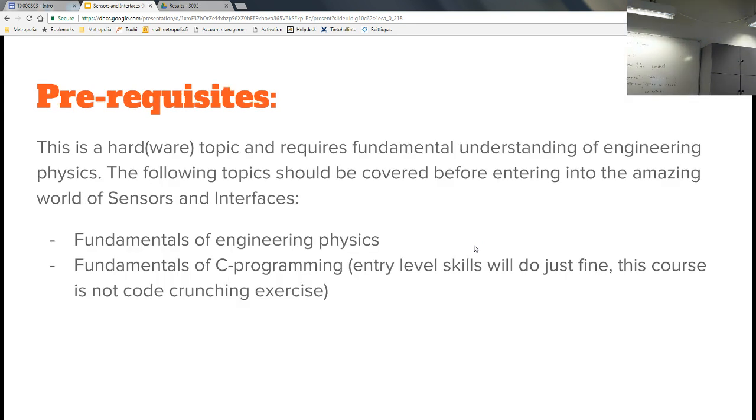Then the prerequisites you were worried about. Fundamentals of engineering physics. Good. Fundamentals of C programming. Done. Good. You're all good. So basically this is really fundamentals. Embedded C programming has some peculiarities by itself, but here we are not going into details.